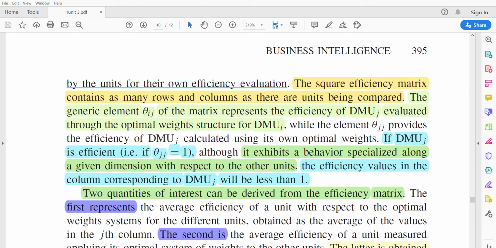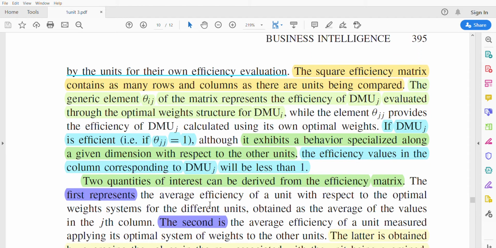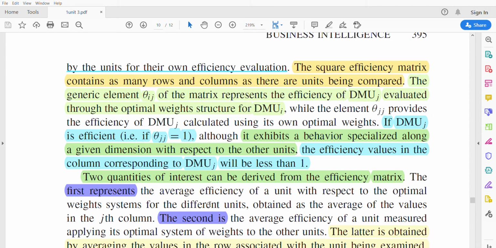And in the previous model, the generic element we have seen for the optimization is theta ij. Whenever we have subscript values ij, it is a matrix representation. In this session, theta ij is the matrix representation of the efficiency of a DMU, which is evaluated through the optimal weights structure for that DMU.